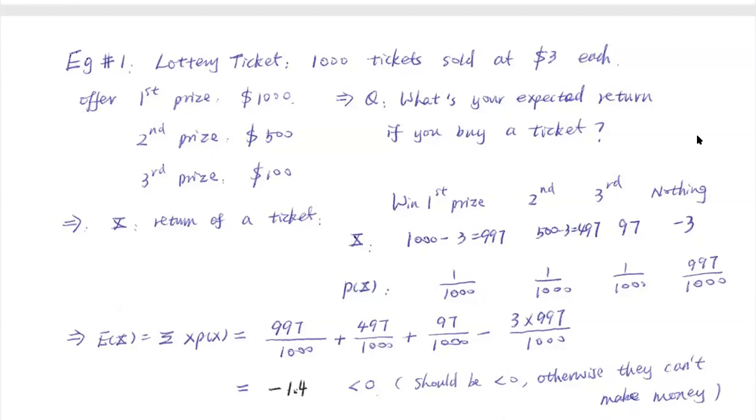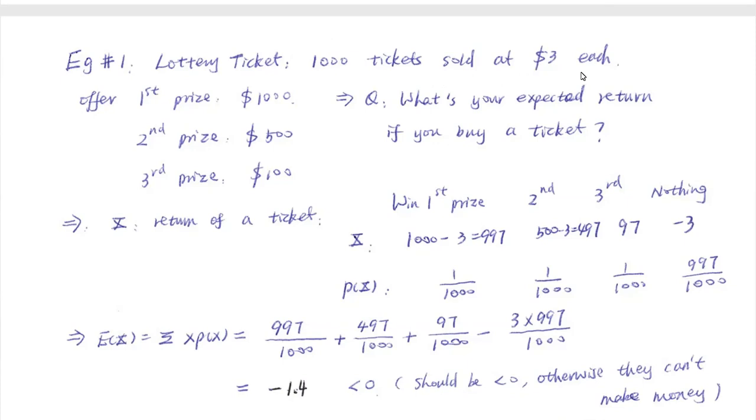Here we are using a simplified example to try to explain what's happening in the back end. Say some organization tries to sell lottery tickets, 1,000 of them, not that many, and each is sold at $3.